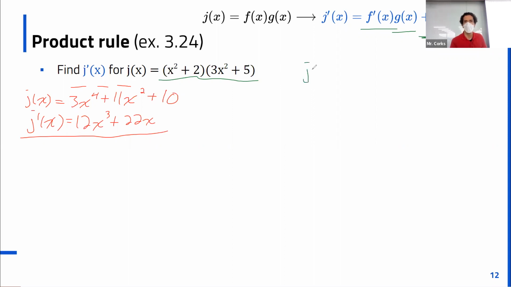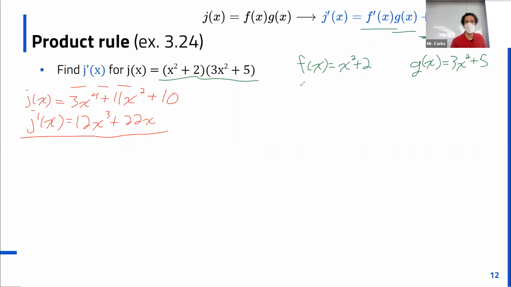So using product rule, j prime of x, but before we get to that, in this example, if we're doing it this way, what would our f of x be? Okay, x squared plus 2. It's the first of the two things multiplied together. And our g of x would be? Okay, it's the other of the two things being multiplied together.